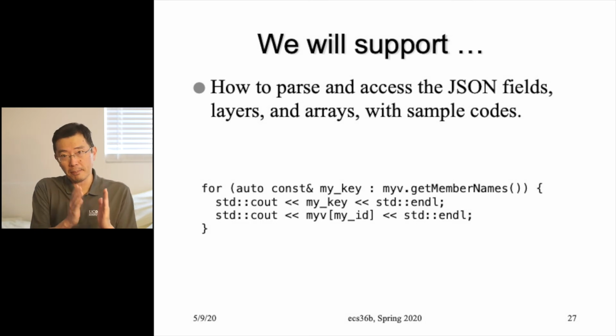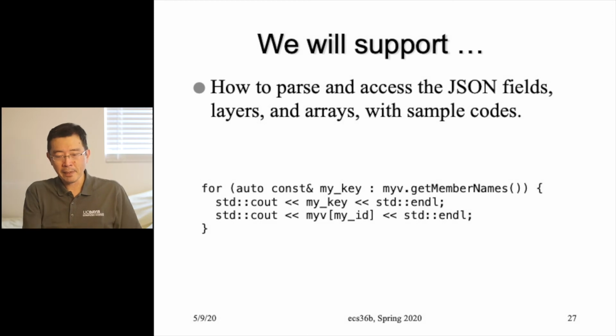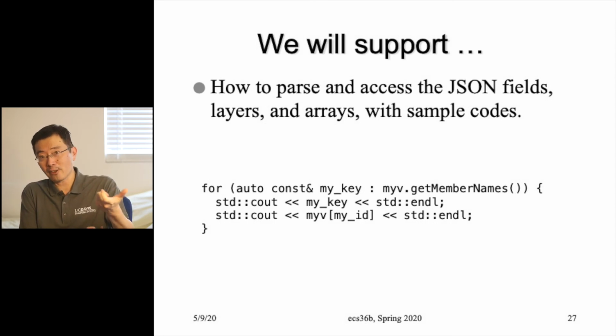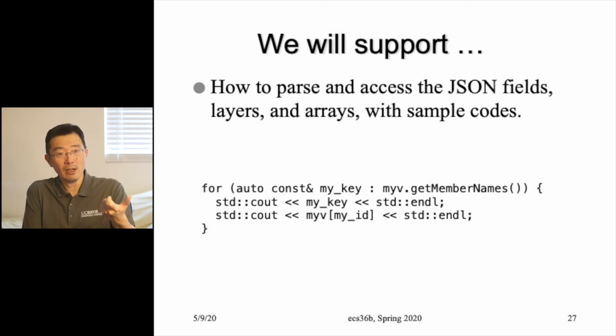Remember, you have multiple layers. The highest level is the first level key-value pairs, and getMemberNames will give you the names of all the first level keys, and then you know what attributes you need to deal with. For example, when I started developing this, I always ran this program on the JSON I needed to deal with to see what my first layer names were, so I know whether I need to create a class for each one of them.